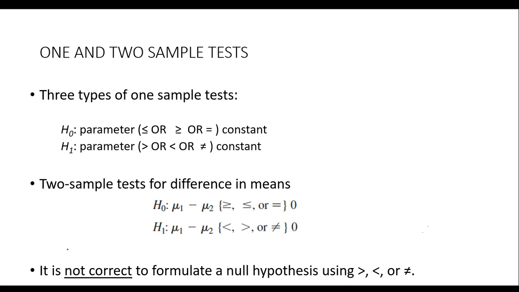There are three. Then let's normally talk about one or two sample tests. Normally, suppose we take only one sample from the population. So our null hypothesis will be about the population parameter. It could be, for example, the average IQ level, the mean IQ level of a class of 100 MBA students.